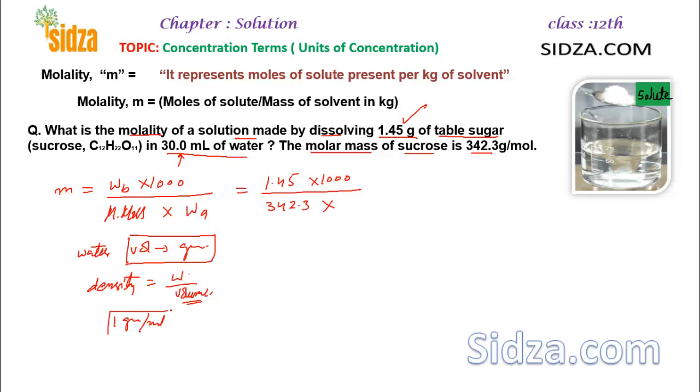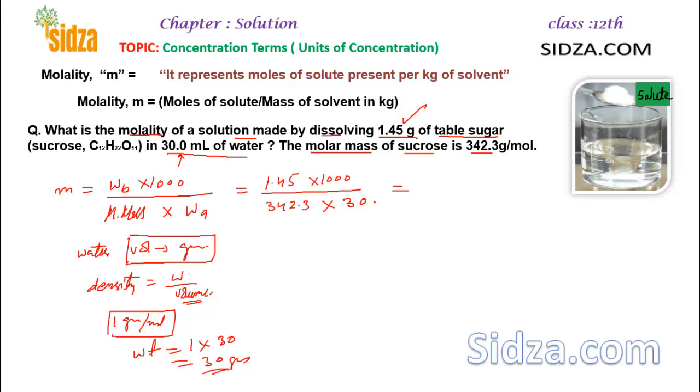Which means that the weight of 30 ml of water will be equal to 1 times 30, density times volume. So it is 30 grams, correct? So 30 ml of water means 30 grams. I can take the density of water as 1 gram per ml, so the weight of solvent is also 30 grams here, correct?